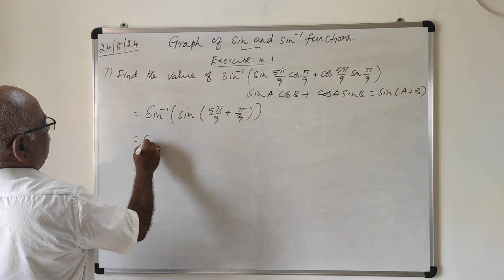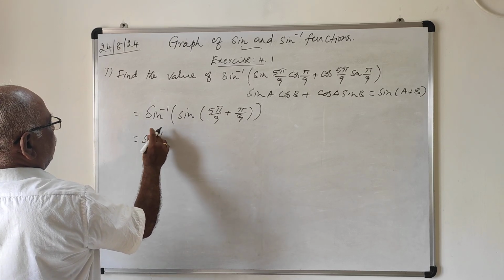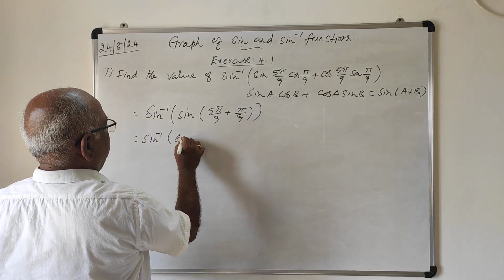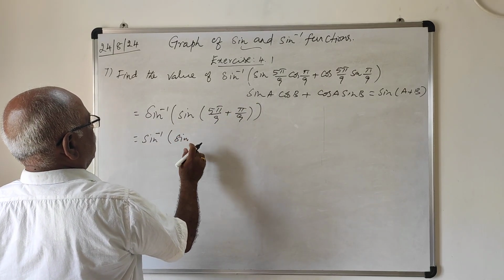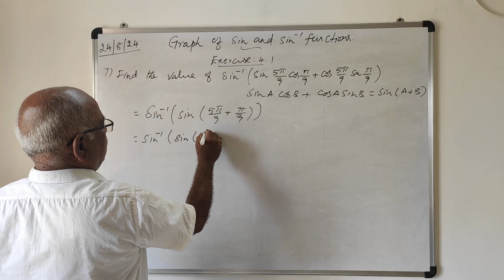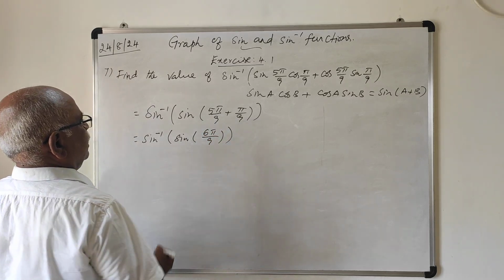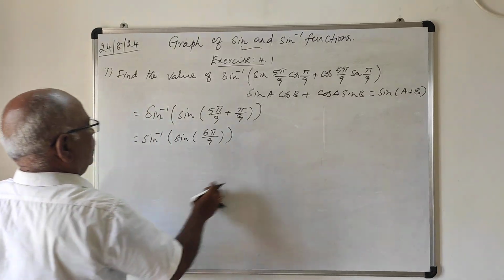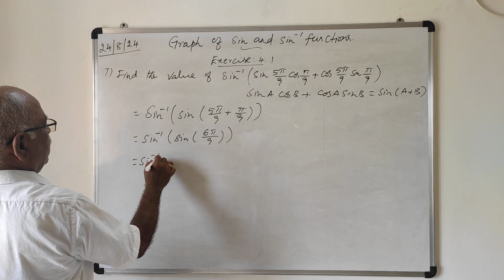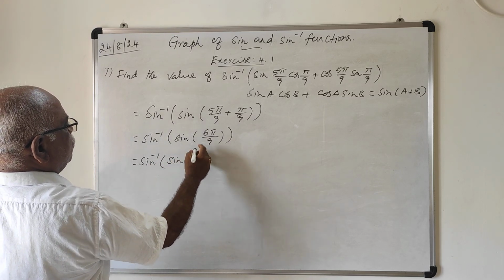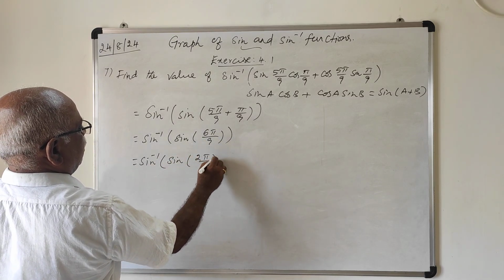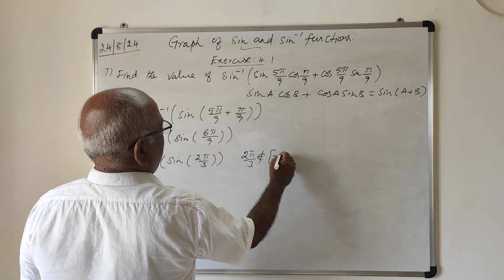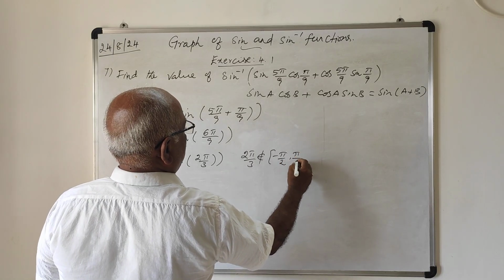So this is equal to sine inverse of sin(A + B), that is sin of (5π + π)/9, which is 6π/9. Simplifying, this is sine inverse of sine 2π/3. Again 2π/3 is not in the domain −π/2 to π/2.